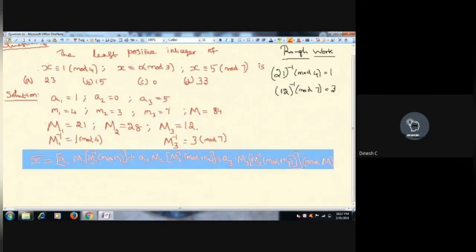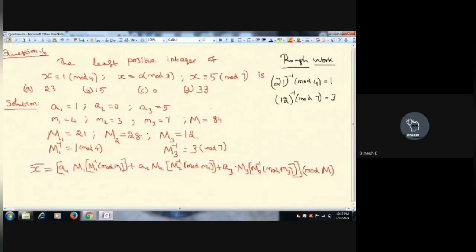Next question. The least positive integer x congruent to 1 mod 4, x congruent to 0 mod 3, x congruent to 5 mod 7. Again, use the Chinese remainder theorem statement. A1 equal to 1, a2 equal to 0, and a3 equal to 5.